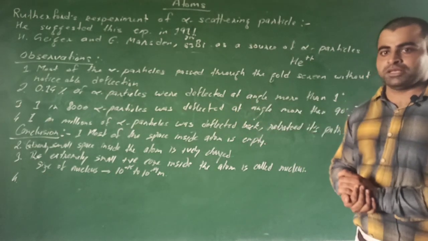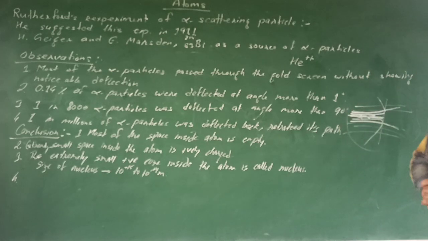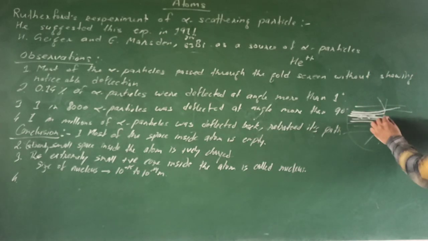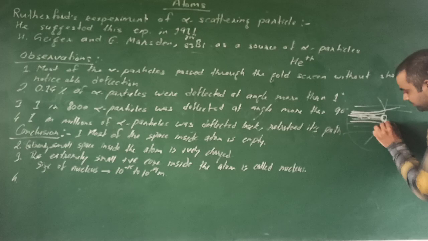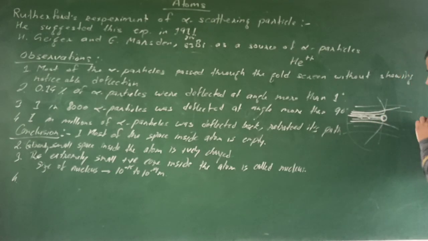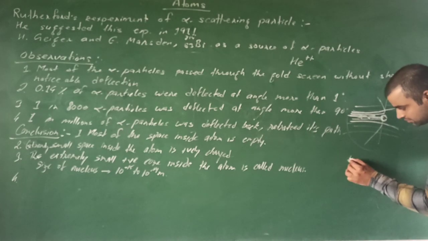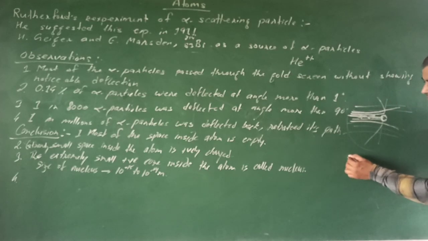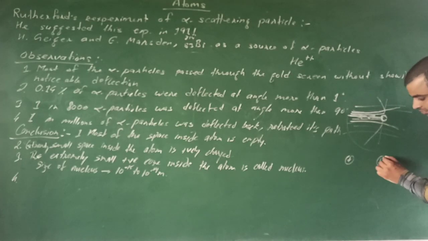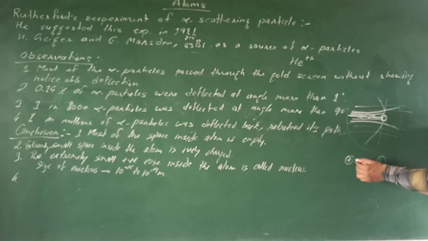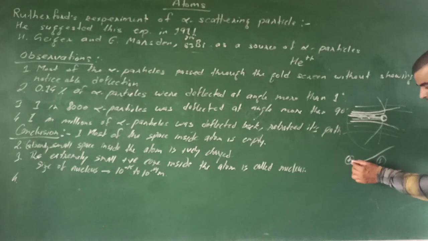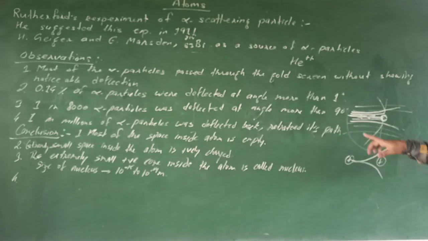The next conclusion is that here is the nucleus and it is positively charged, and alpha particles are positively charged, nucleus is also positively charged. This will repel them, as shown in the observation.